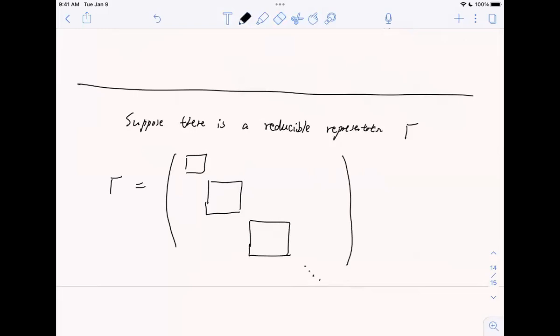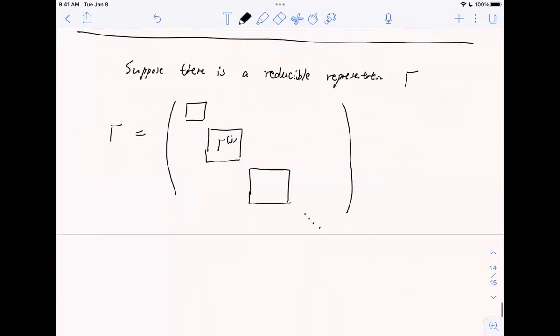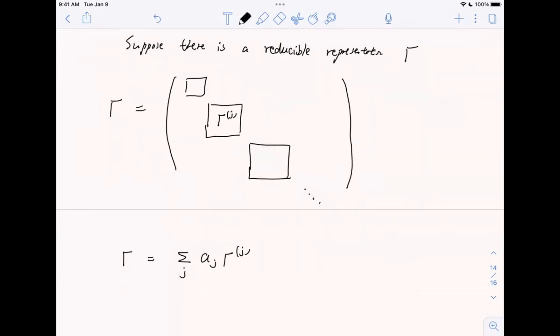Let's say this is gamma I, or gamma J. We will write this equal to A_J gamma J, summed over J. This is not the algebraic summation.